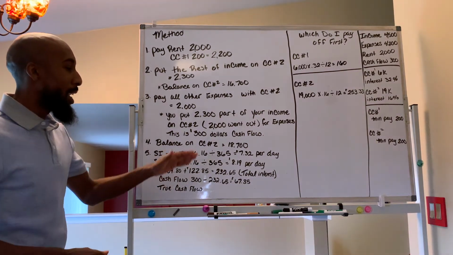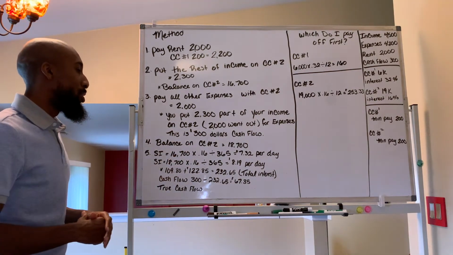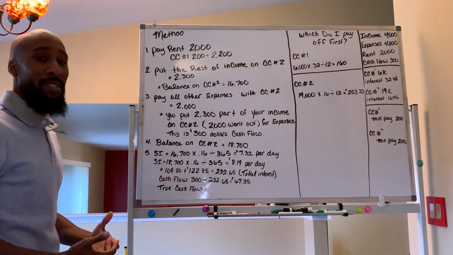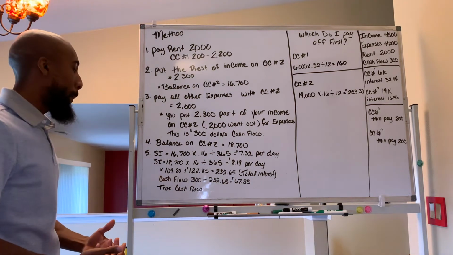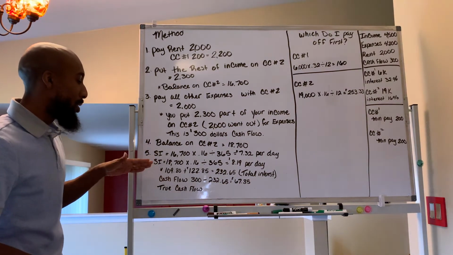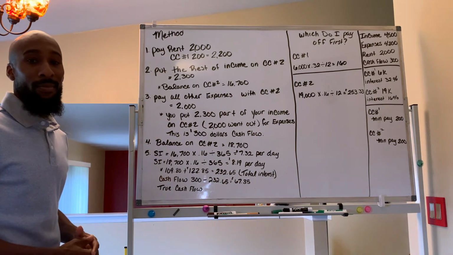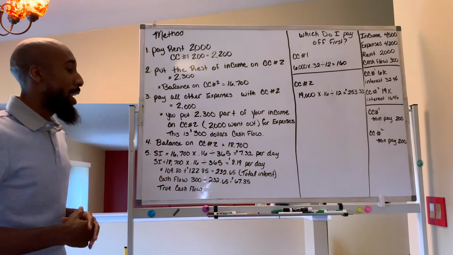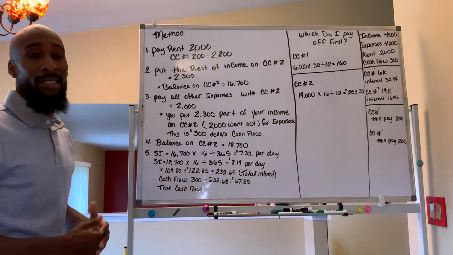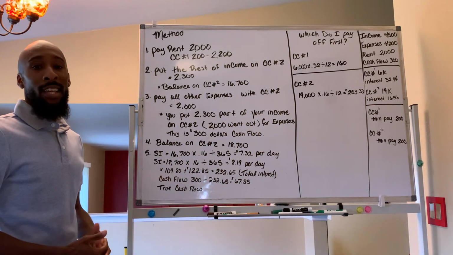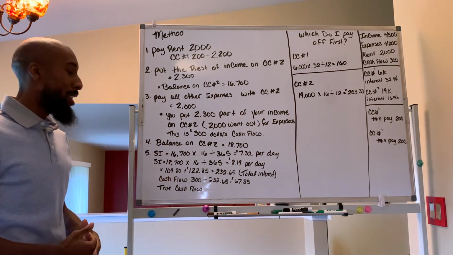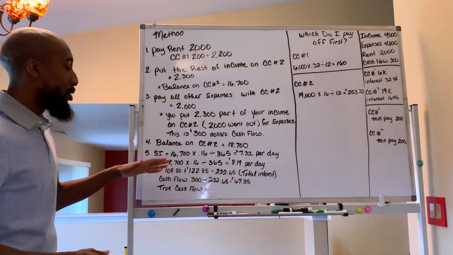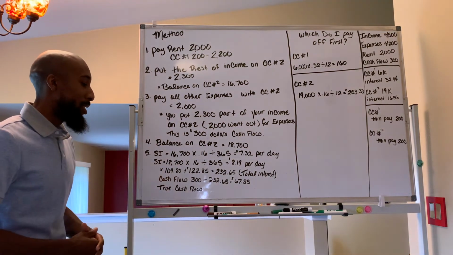So if we take $7.32, we're timing that by 15 days, right? It's going to equal $109.80. Now, when we times $8.19 by 15 days, we're going to get $122.85, right?